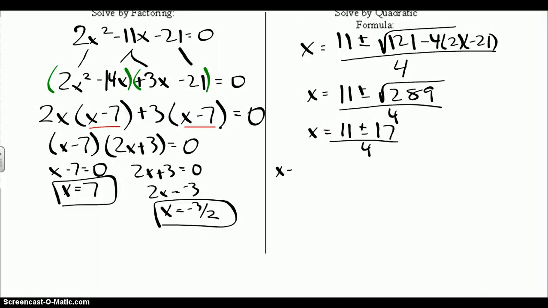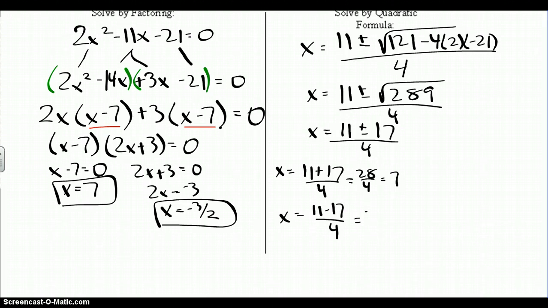The first one is 11 plus 17 over 4, which is 28 over 4, which simplifies to 7. And x equals 11 minus 17 over 4, which is negative 6 over 4, which simplifies to negative 3 over 2. So notice how we got the same solutions. Okay, thank you.